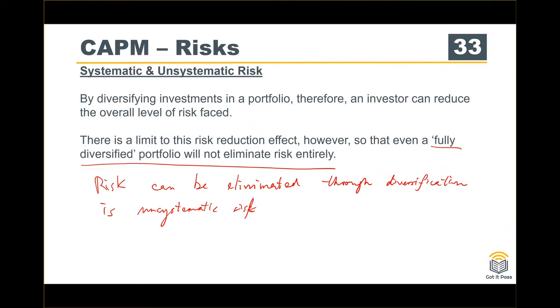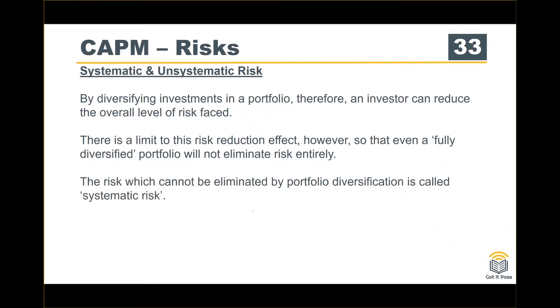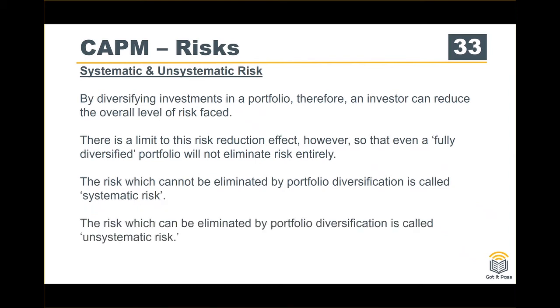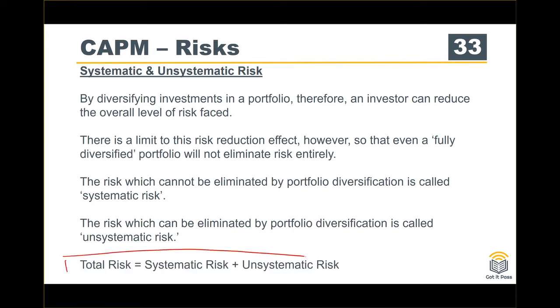And the risk that cannot be eliminated by portfolio diversification is called systematic risk. Total risk is systematic risk plus unsystematic risk.